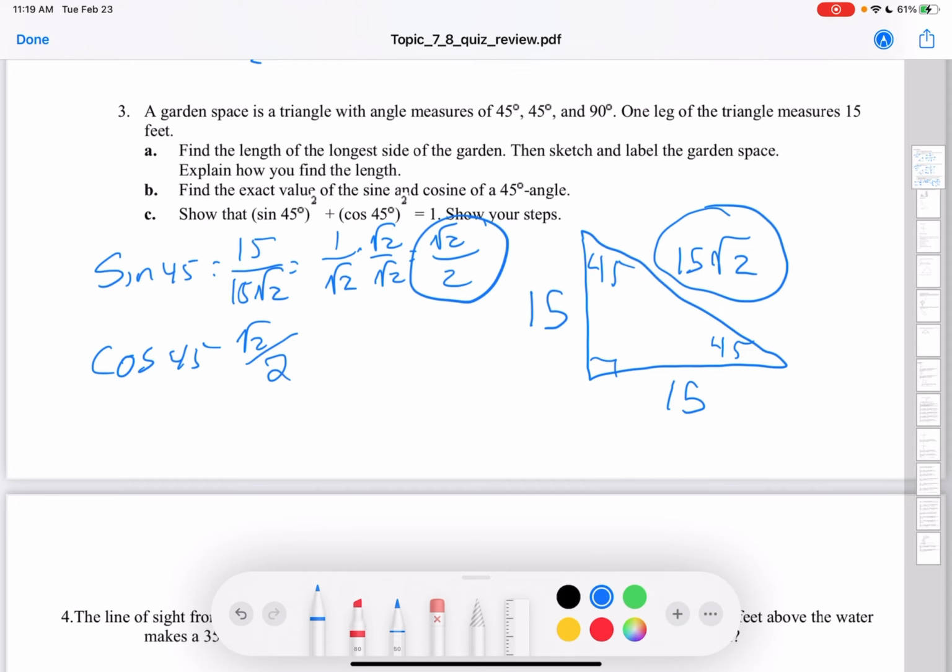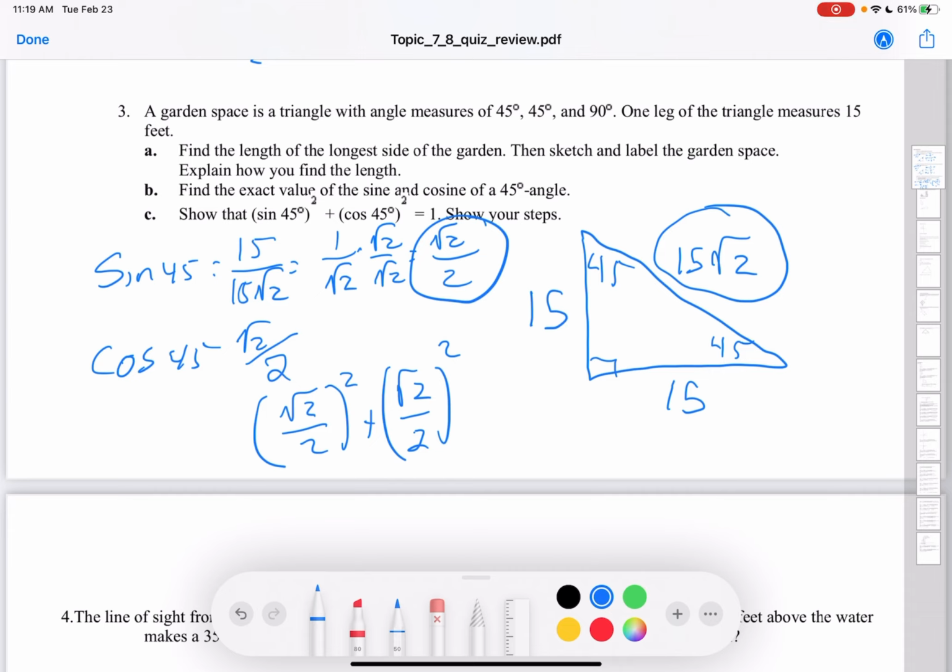Part C to that says, show that the sine of 45 squared plus the cosine of 45 squared equals 1. Well, we said the sine of 45 was the square root of 2 over 2. So that squared plus the cosine of 45, which is the square root of 2 over 2, that squared.